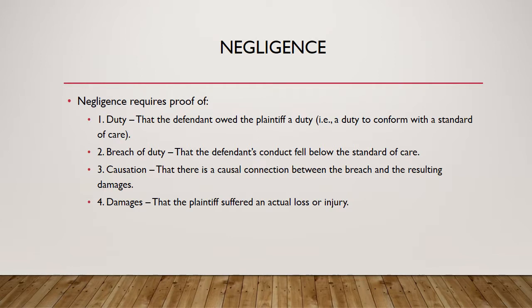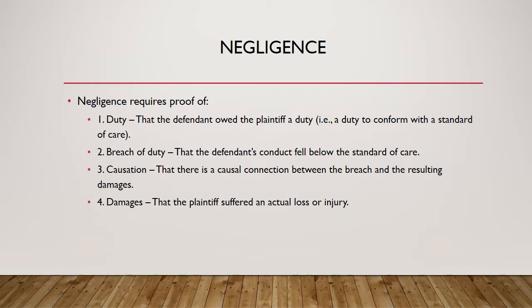That means the defendant must conform to some standard of care. There's an expectation of how the defendant should act towards the plaintiff. Then the breach is where the defendant's conduct fell below that standard of care, where the defendant did not act in accordance with the way they were supposed to.